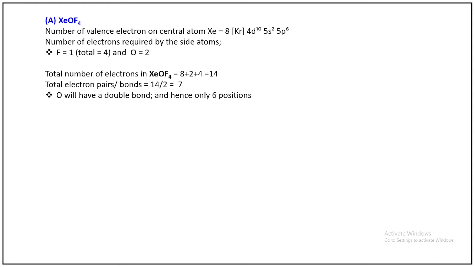But we should not think that because the total number of electron pairs is 7, the geometry will be pentagonal bipyramidal. No, because oxygen is an atom which will form a double bond. Since it will form a double bond, instead of 7 it will have only 6 positions. So the geometry will be octahedral. And since there are 5 side atoms, one place will be vacant.